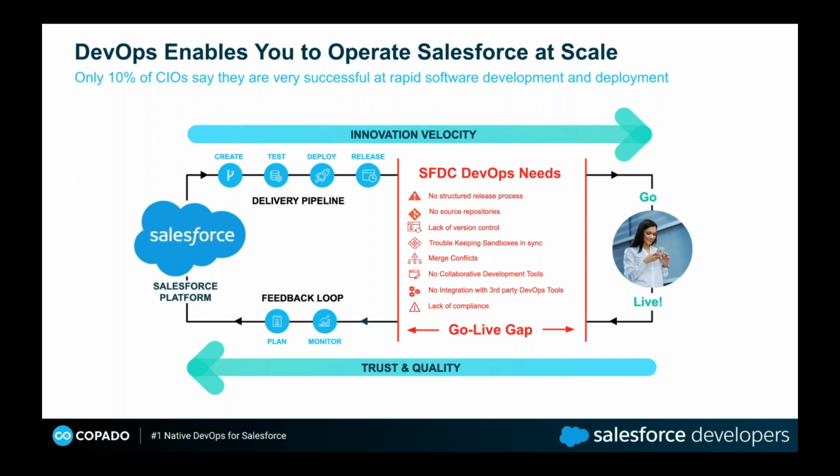And how do you get integration to some of those great best-of-breed DevOps tools that work specifically the way that the Salesforce platform works? The last piece we see is really this lack of compliance. The level of security and compliance required today really means that you have to add an additional layer into your innovation delivery cycle. And that's what we're going to talk about today.